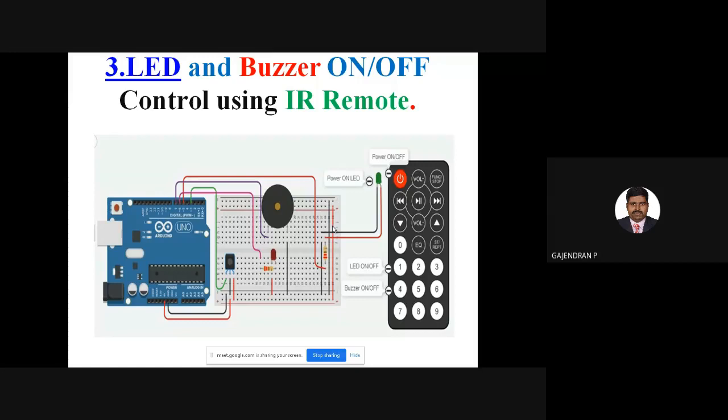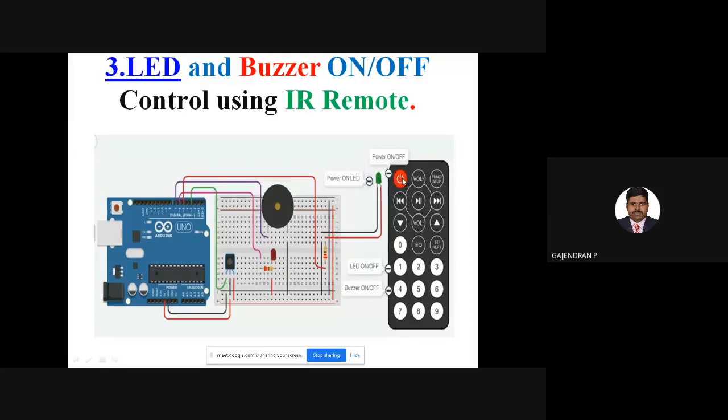See, here we are going to use two devices. One is an LED, another one is a buzzer. We are going to control this LED and buzzer with some other control sophistication. How we are going to control it, please observe here. Here I am going to use the power on button as the master key.